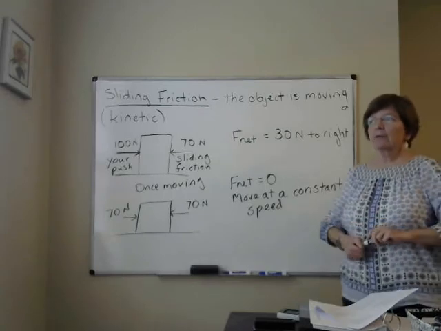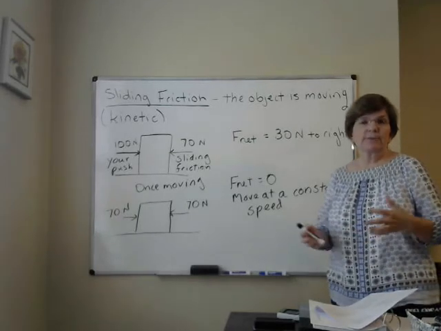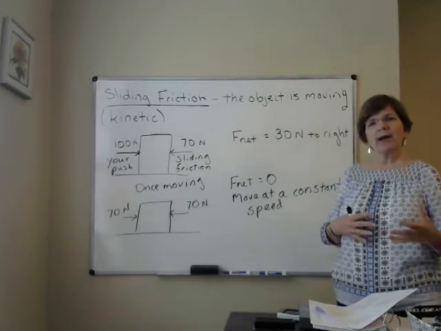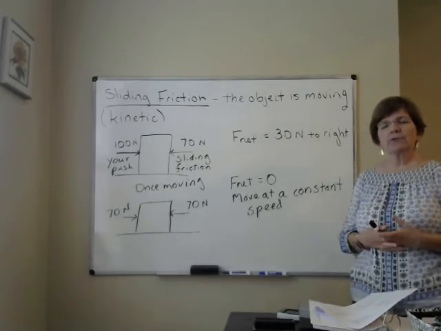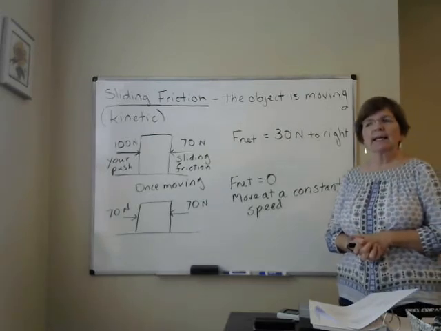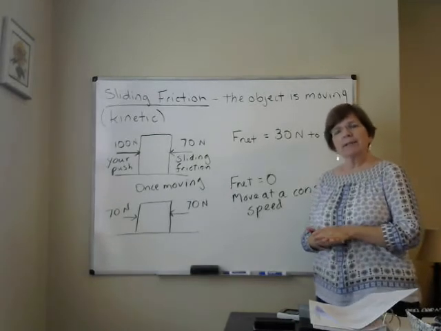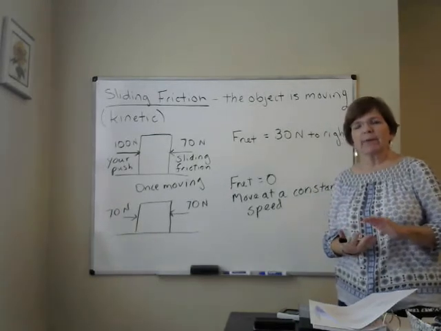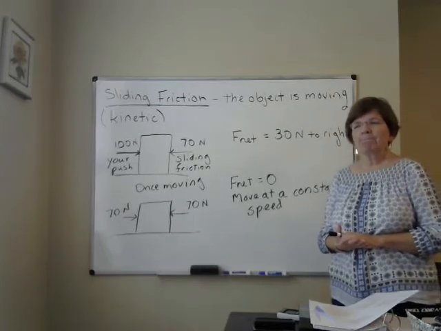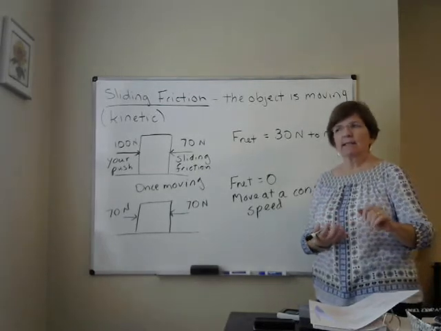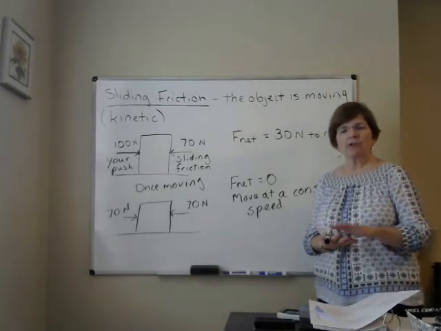Now, the only way to figure out the amount of the frictional force between two surfaces is to actually do experiments and measure it. But our common sense says that there'll be a minimal amount of friction between a piece of ice and a piece of polished metal.